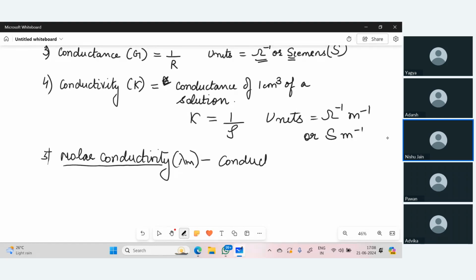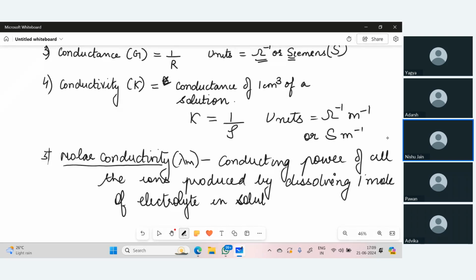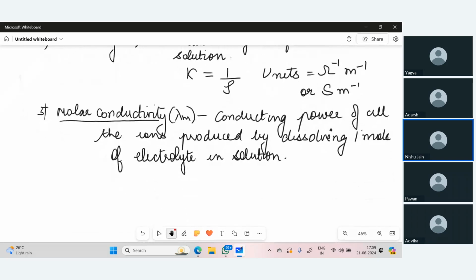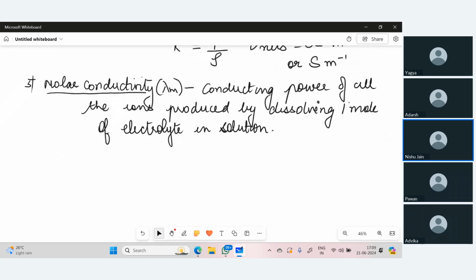Molar conductivity is the conducting power of all the ions produced by dissolving 1 mole of electrolyte in solution.